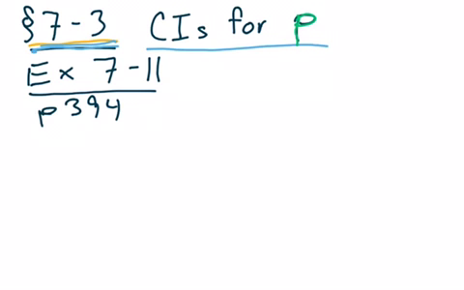All right. So this is one where we're going to be finding the sample size that is necessary, the minimum sample size that is necessary in order to get our margin of error a certain size. So what do we usually want to do?